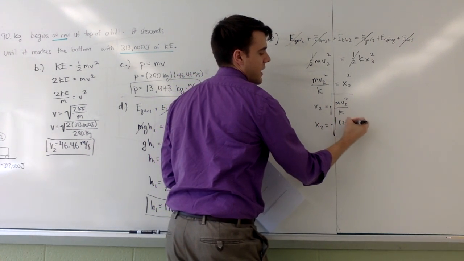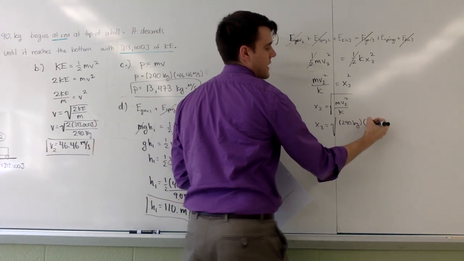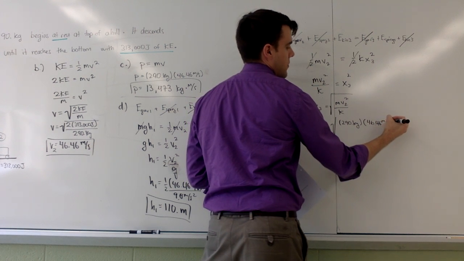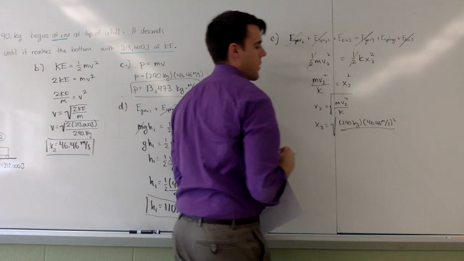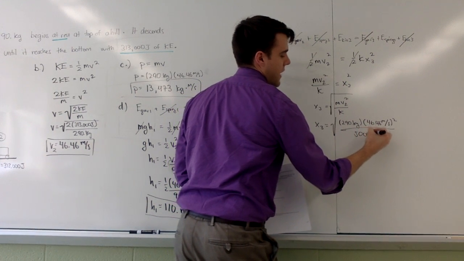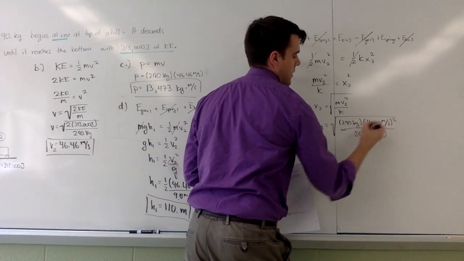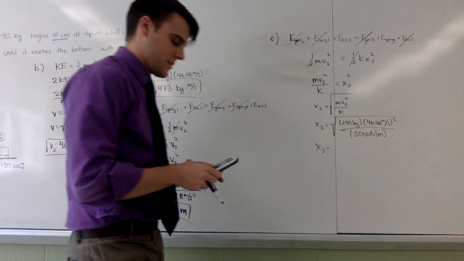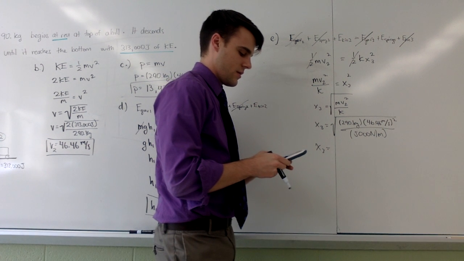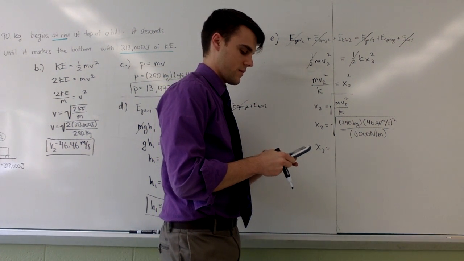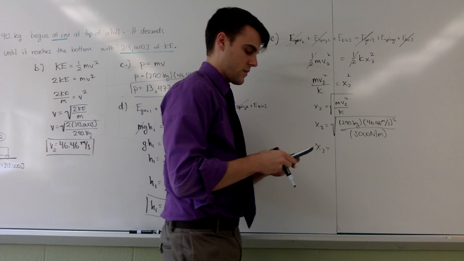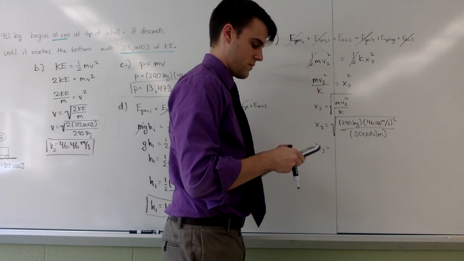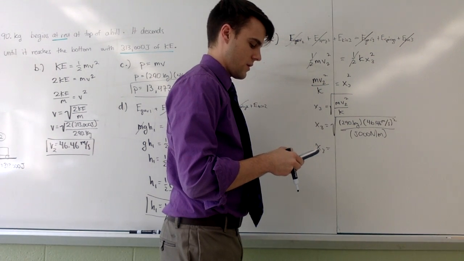My mass, 290 kilograms. My velocity 2 is going to be, again, 46.46 meters per second squared. And my k, which is given to be 5,000 newtons per meter. So, plugging all of this in, the maximum displacement ends up being... I just made a mistake.